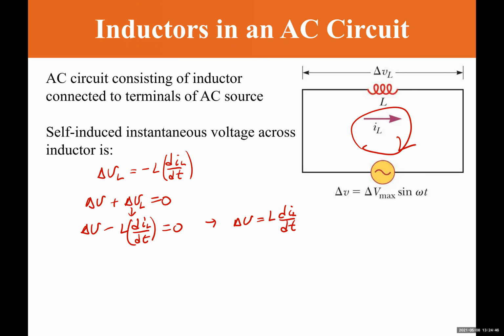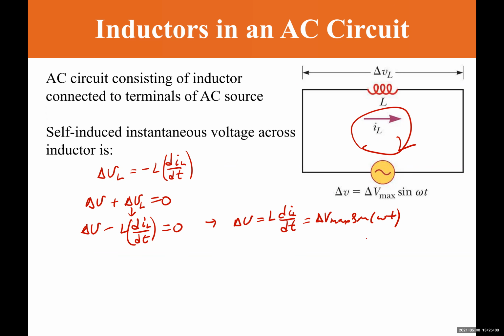Now, the left side of the equation, delta V, is basically nothing but delta V max sine of omega t. That means L times dI/dt is equal to delta V max sine of omega t.